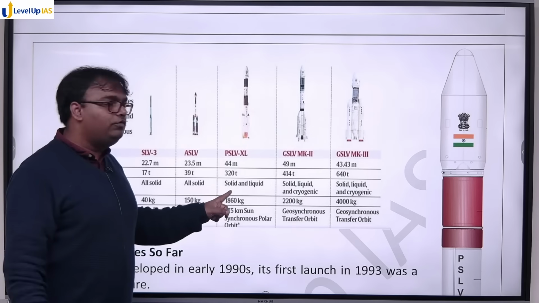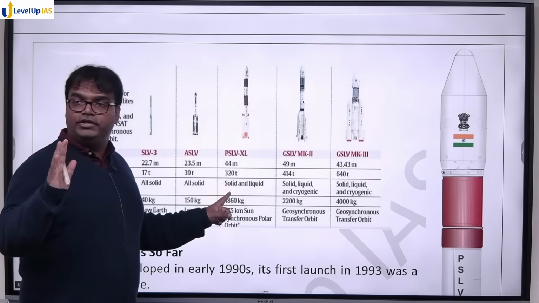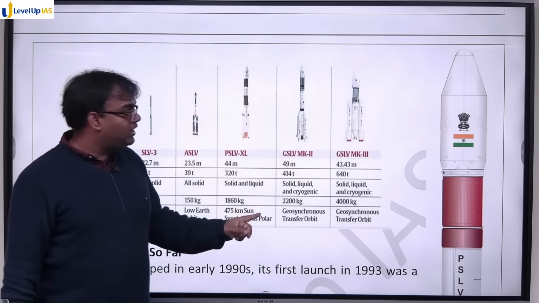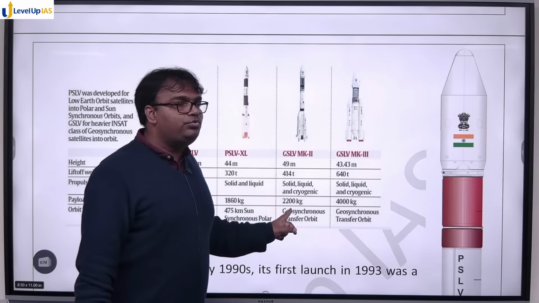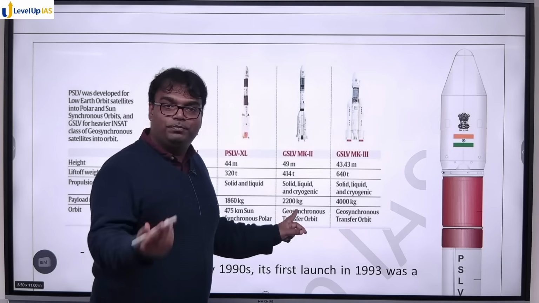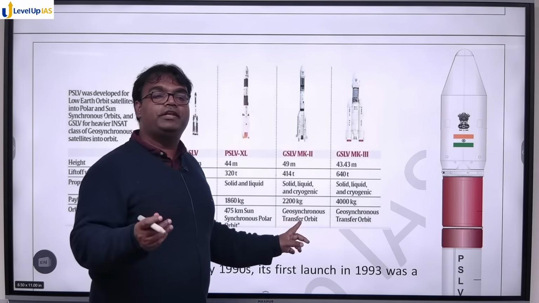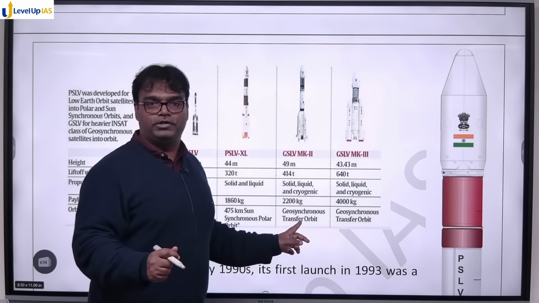So when PSLV was able to carry 1400 kg to GTO, to low Earth orbit it was carrying heavier weight. In the same way, if GSLV is carrying 2200 kg to GTO, to low Earth orbit it will be carrying much heavier weight. So GSLV Mark II is capable of carrying around 4000 kg to low Earth orbit.